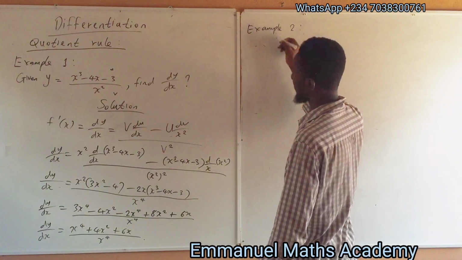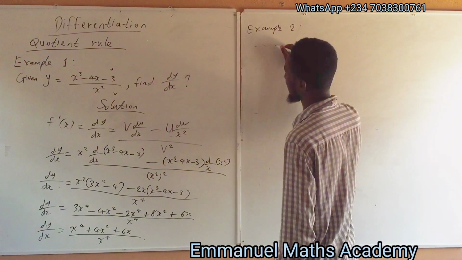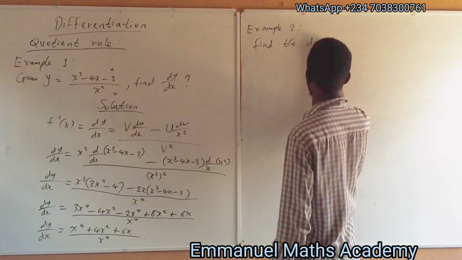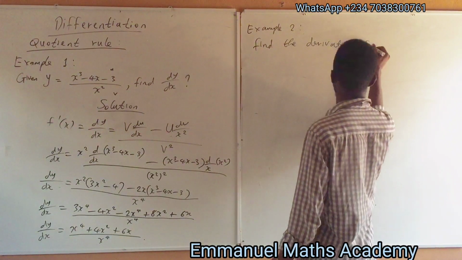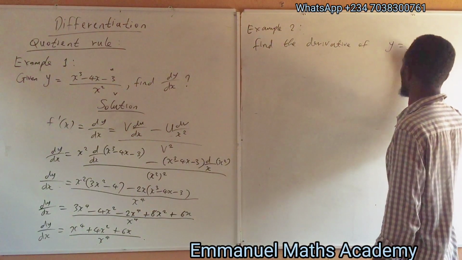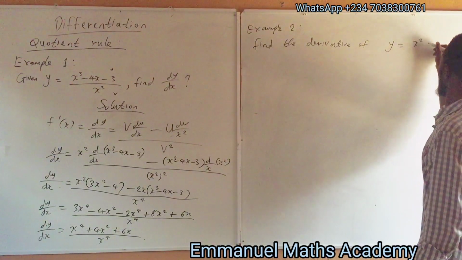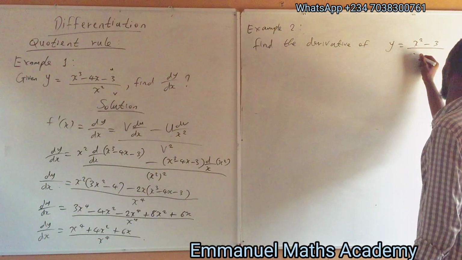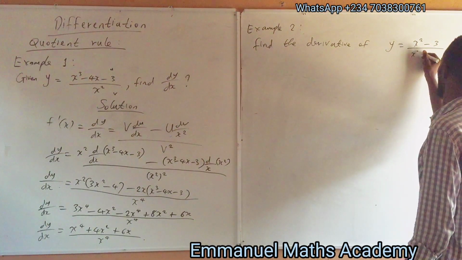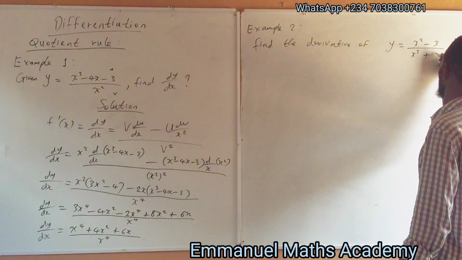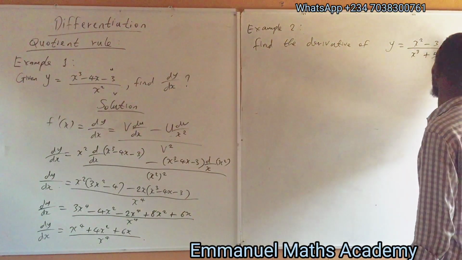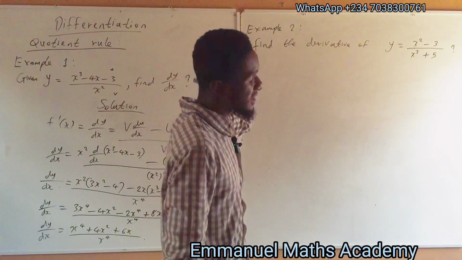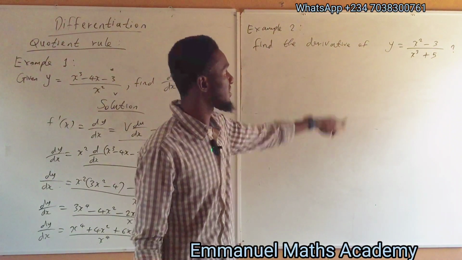Find the derivative of y equal to x raised to the power 2 minus 3 over x raised to the power 3 plus 5.